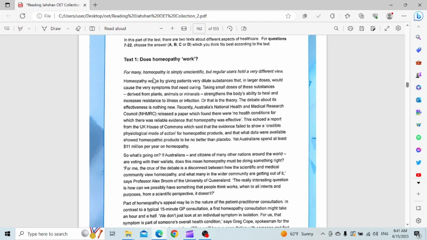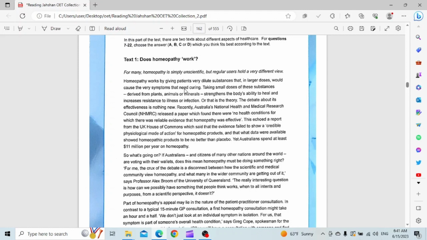For many, homeopathy is simply unscientific, but regular users hold a very different view. So you just recap it in your own language.